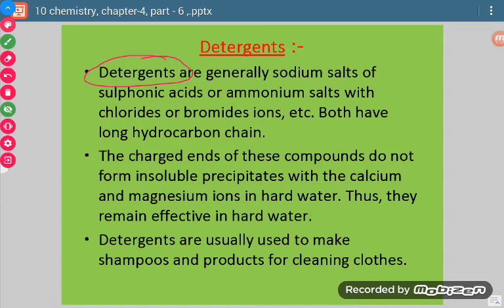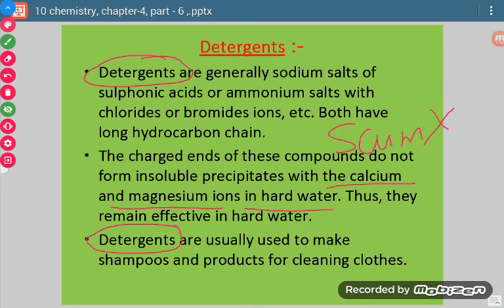Now what happens in the case of detergent? Its formula is such that it will not combine with hardness-causing ions. So it means that there will be no scum formation. So if our water is hard water and we are using detergent, then it will work properly, it will not go waste.